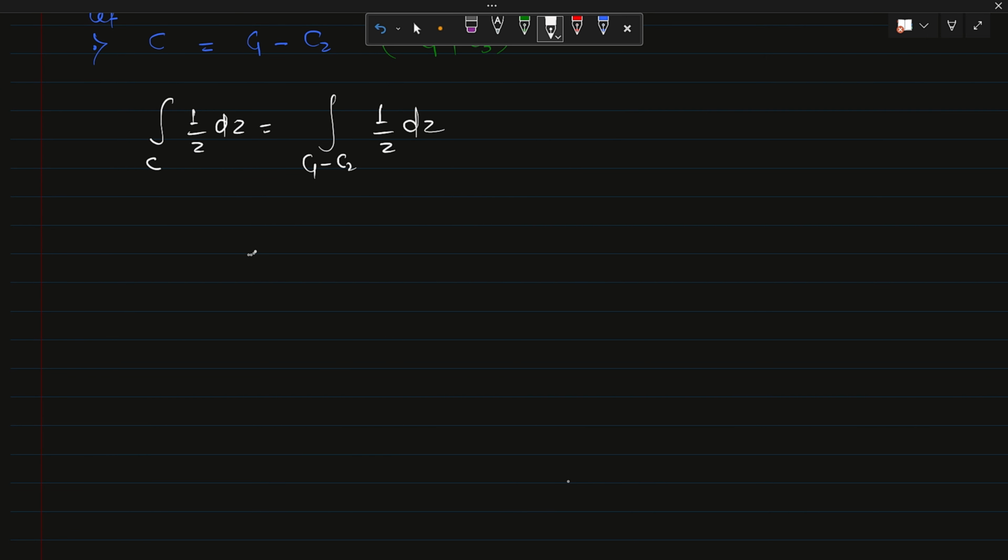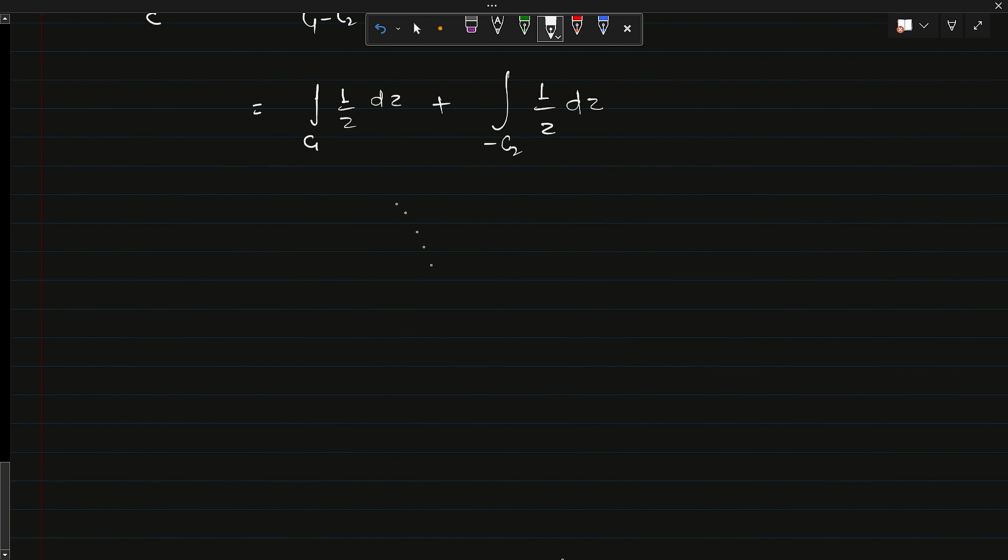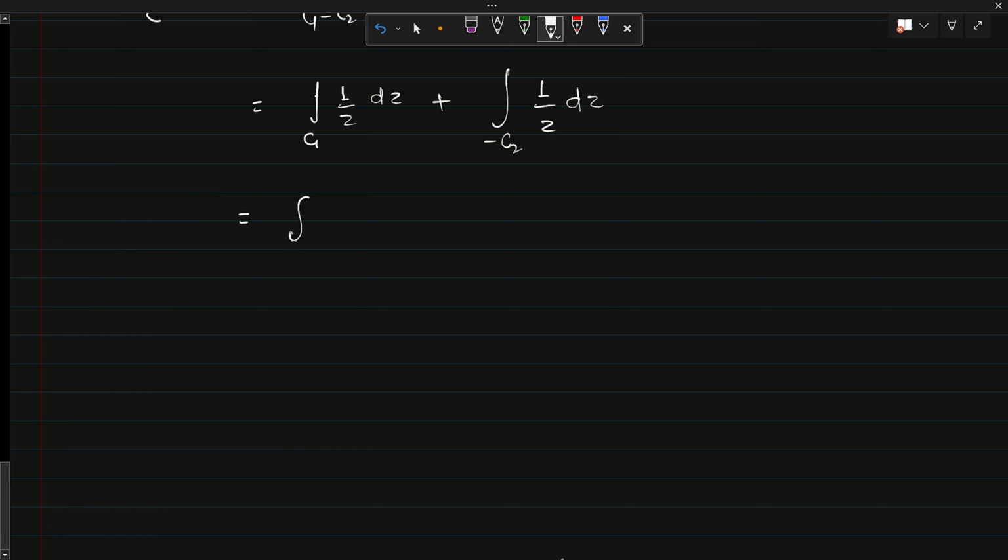And that value is nothing but integration along C1 of 1 by z dz plus integration along minus C2 of 1 by z dz. ओके, एंड वी नो कि जब भी हम इंटीग्रेशन आइडेंटिफाई कर रहे हैं, that integration is along C1 of 1 by z dz, and the integration along the negative of a curve is nothing but the negative of the integration, so that is minus the integral of 1 by z dz.